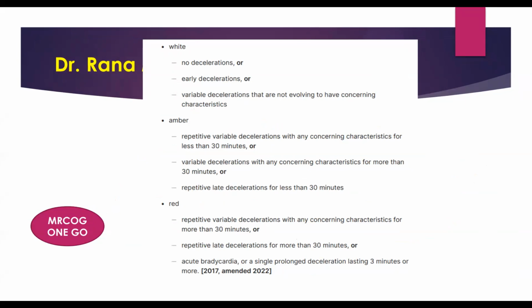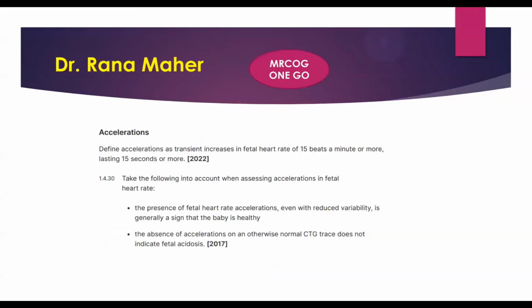So we will classify the deceleration white, amber, and red. Okay? Accelerations. We will comment on accelerations, nothing. If it's present, it's good. It means that the baby is active. And if it's absent, but no other abnormality, at this time, I will ignore.